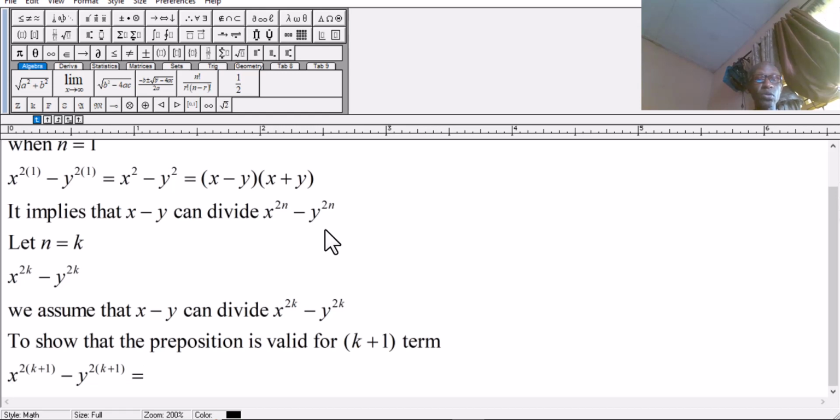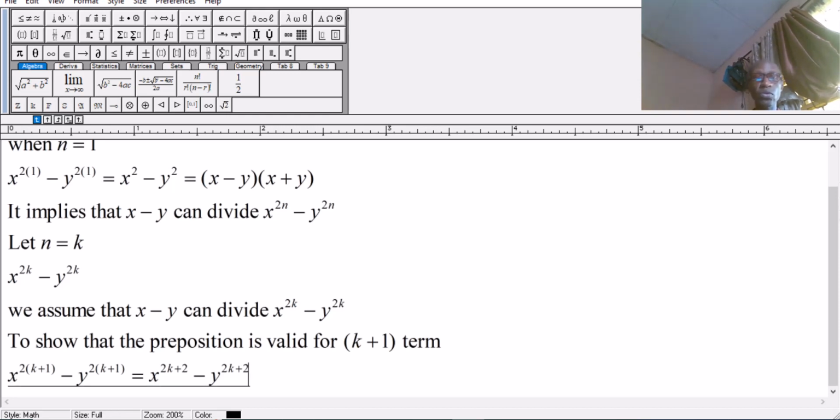So now we have this, and we can expand that. We have x raised to 2k plus 2 minus y raised to 2k plus 2.